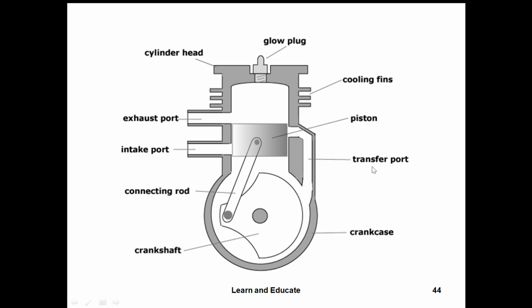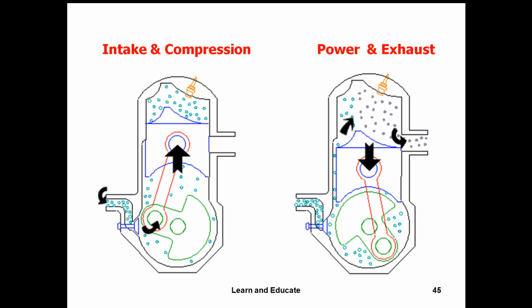As I mentioned in the beginning, the valves are replaced by openings on the side walls of the cylinder, namely ports: intake, exhaust, and transfer. Instead of two valves, there are three ports. And there is the connecting rod, crankshaft, and crankcase. So this is the simple construction, the cross-sectional view of the two-stroke engine.